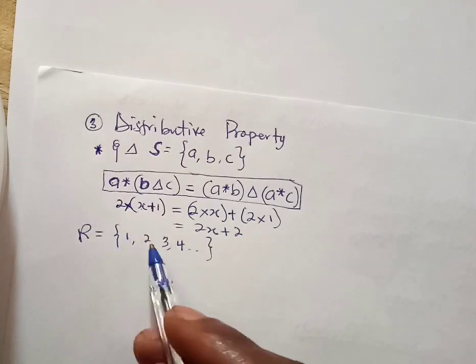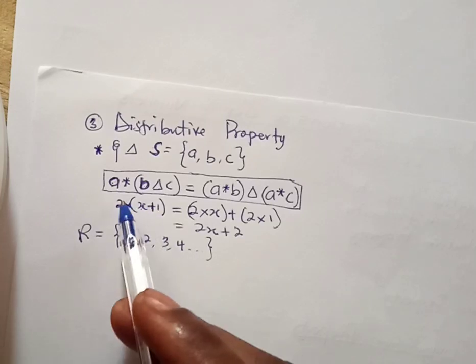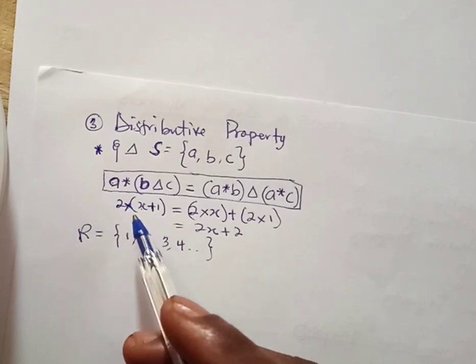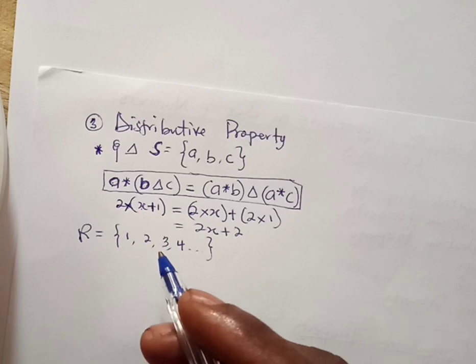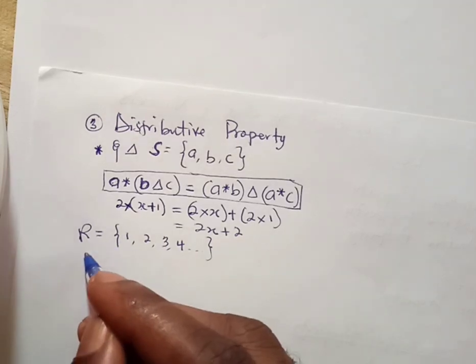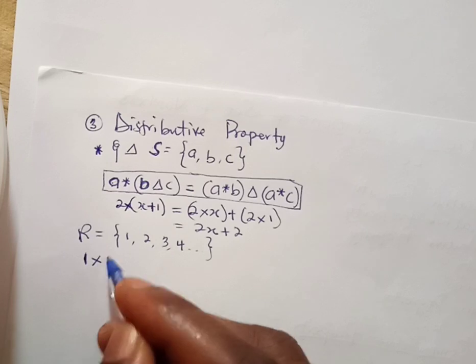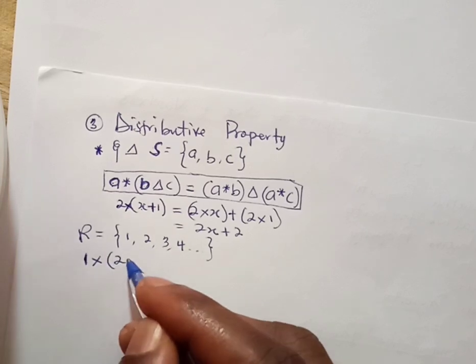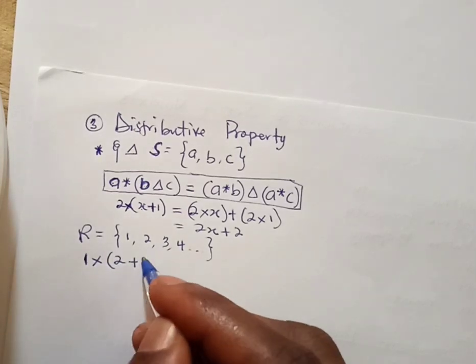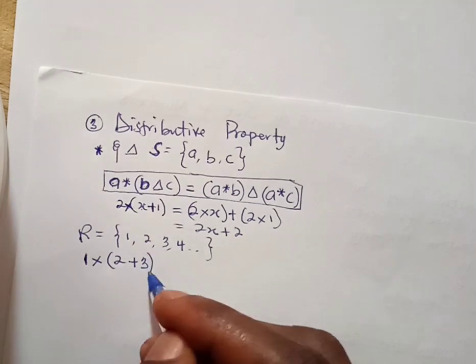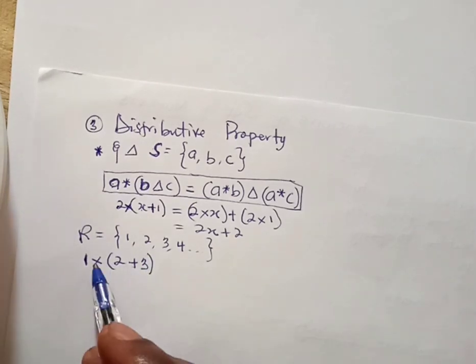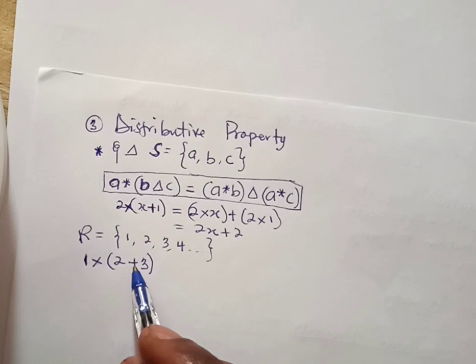So we are going to pick three numbers and use multiplication and addition or subtraction. All right. So if I write 1 times 2 plus 3. So you see here I'm using two operations. I'm using multiplication and addition. All right, great.